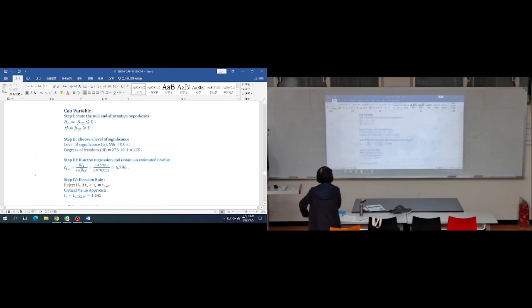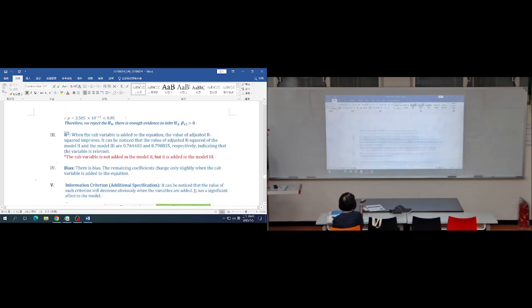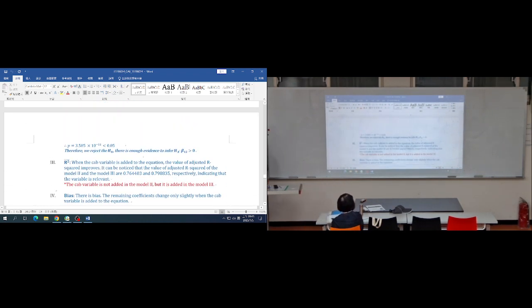So for the cap variable, I reject it. And the third one: the cap variable is added to the equation, and the value of adjusted R square is improved.